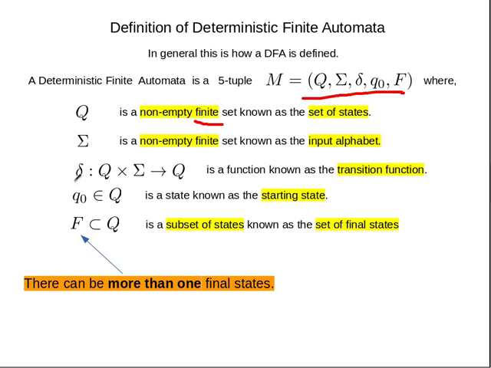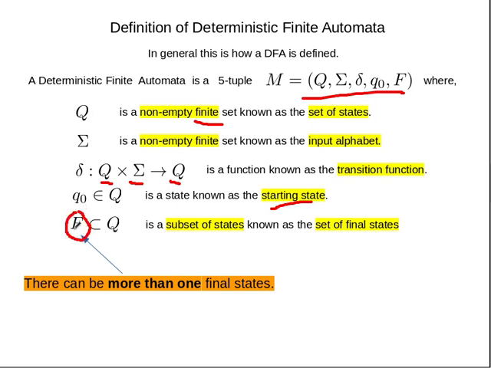Then we take some function which takes a state and a symbol, and then spits out another state. And then we have one state here which belongs to this set of all states, which we call the starting state, and we have a subset of all these states which we call the set of final states.